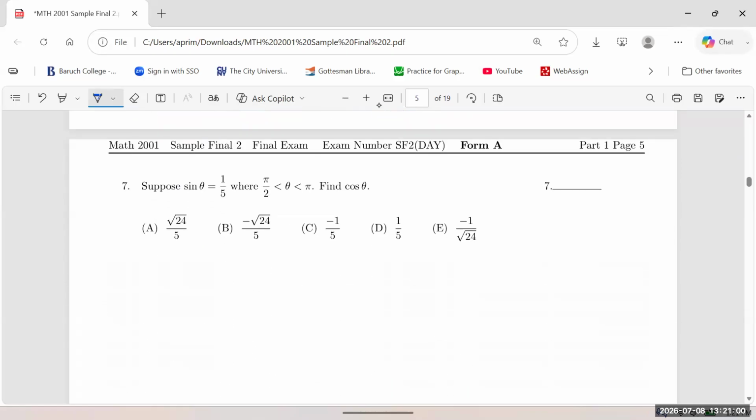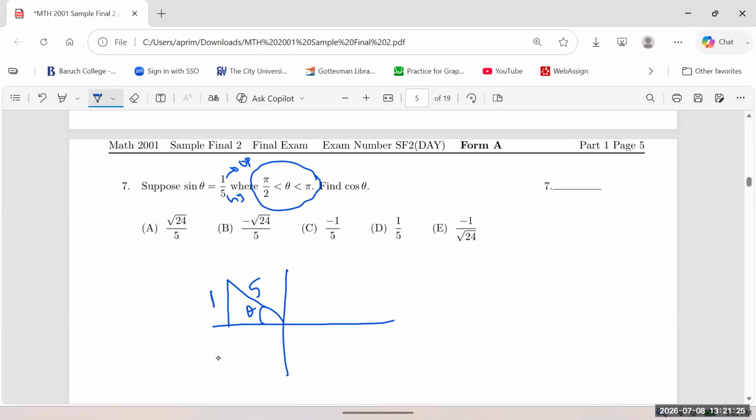Sine is 1/5. Can you make a triangle out of 1 and 5? No. That means you have to make a triangle. It says go from half pi to pi. So somewhere here. This is our angle. Sine is what over what? Opposite over hypotenuse. So from here, opposite is 1, hypotenuse is 5.